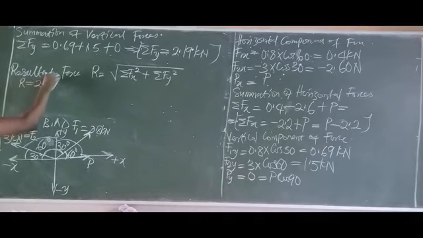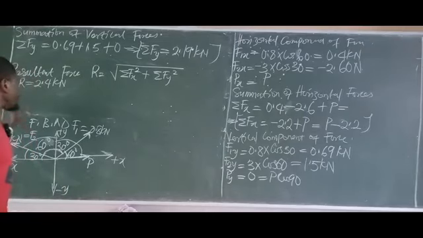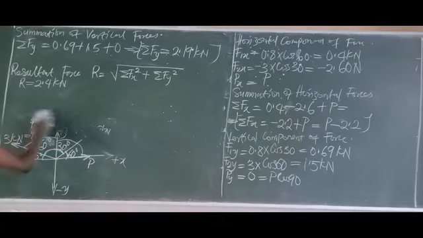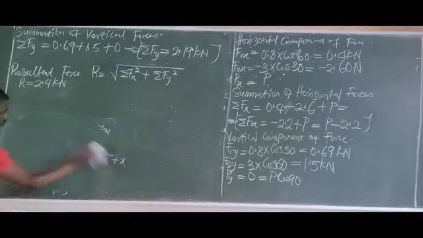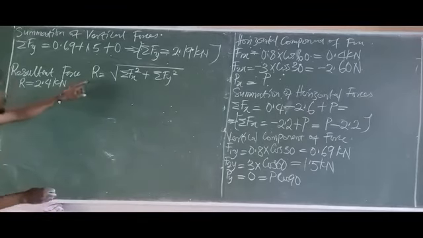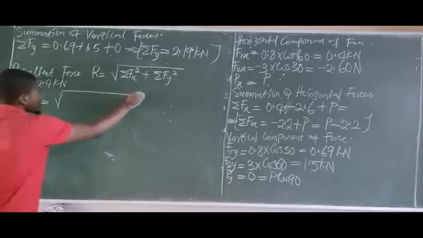So it means that resultant force is actually what? Equal to 2.4 kilonewtons. In the question, it mustn't exceed 2.4 kilonewtons. So if you have this, then let's now impute these conditions into the equation for resultant force.